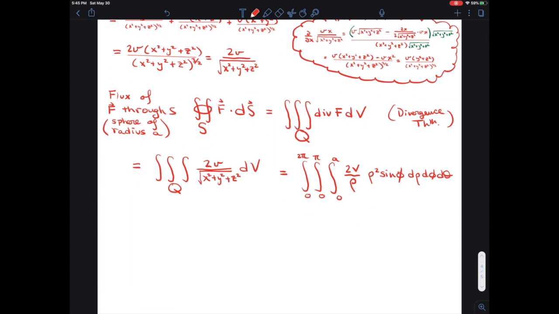Notice there's just a rho to the first in all of this, and we can break this up into three integrals. So you could do an integral of 0 to 2 pi just on theta. There's no function of theta here, so we'll just put the d theta there. And then maybe we could do phi next. So you'd have an integral from 0 to pi, and here you'd have the sine phi d phi.